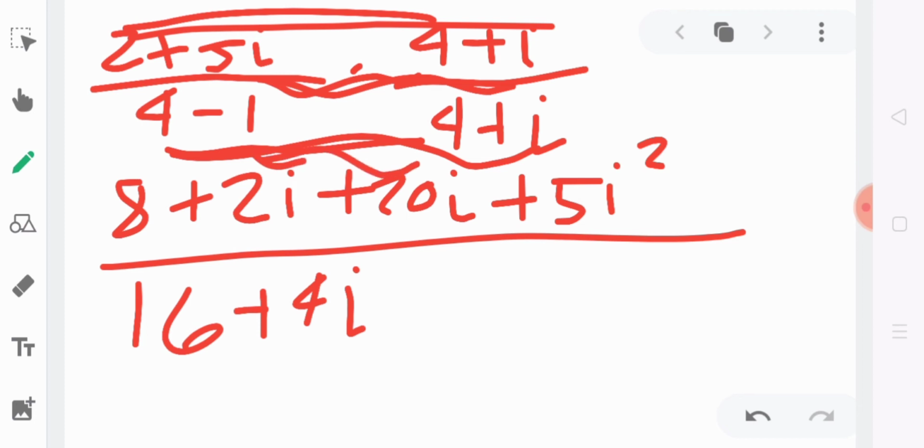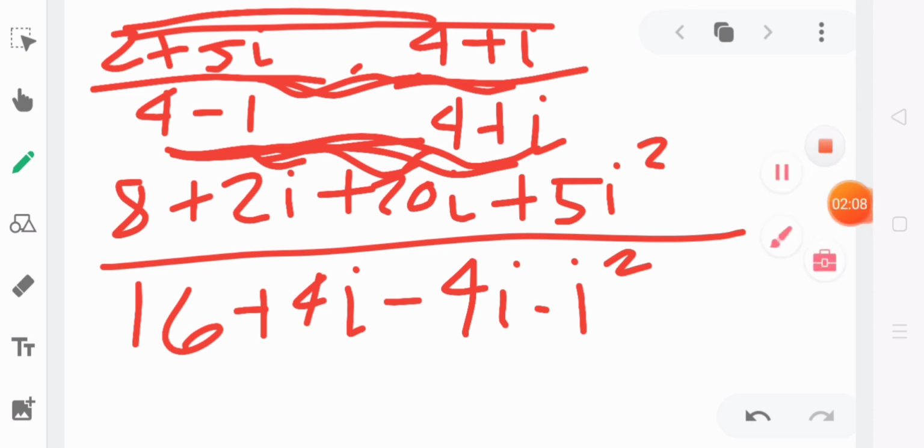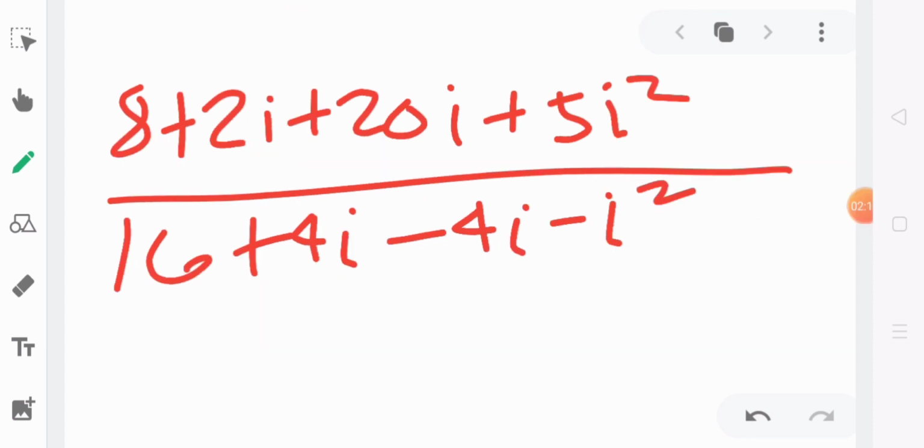Negative i times 4 is negative 4i. Then negative i times i is negative i squared. So this is the result.